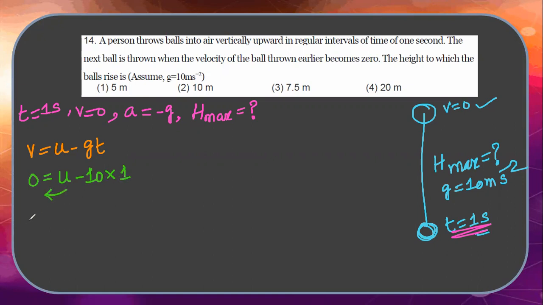If you bring it to the left side, minus U is equal to minus 10. Both sides will cancel. Then U is equal to 10 meters per second.